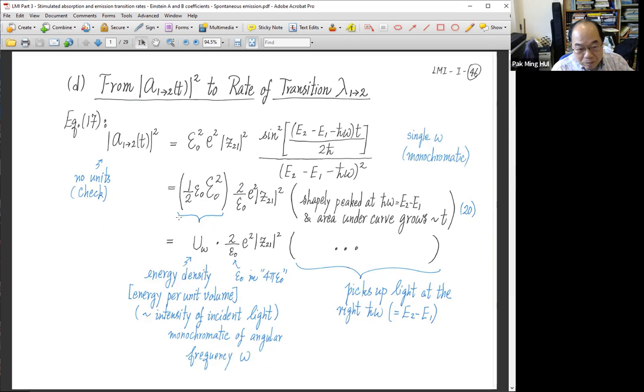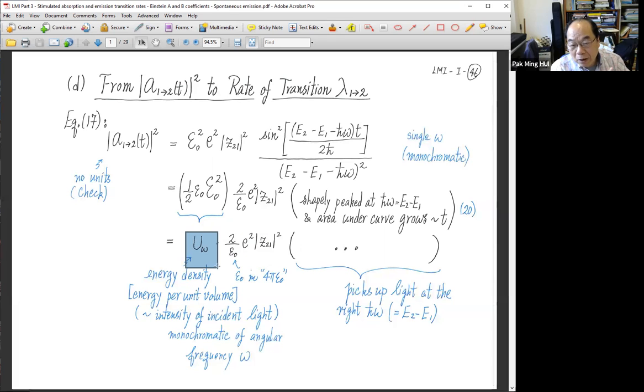So I'm rewriting the prefactor. You may wonder why. Because this shows us very clearly that it is stimulated absorption or stimulated emission. It is proportional to how strong the incident field is.